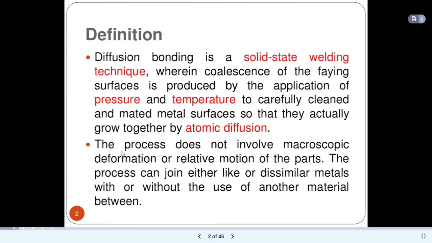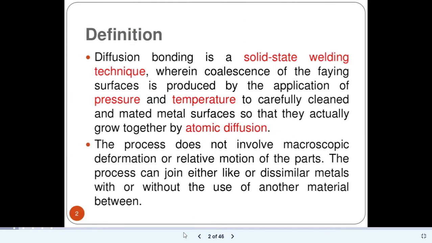The process does not involve macroscopic deformation or relative motion of the parts. The process can join either like or dissimilar metals, with or without the use of another material in between.